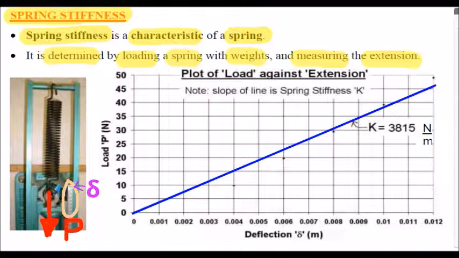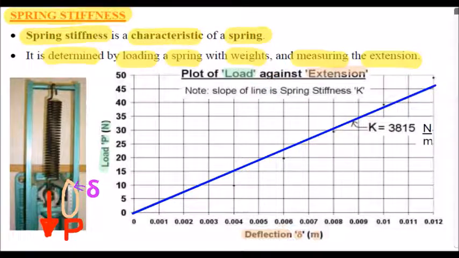As weights are added to the bottom of the spring, we can measure the resulting extension or deflection, so we can plot the load or force P in newtons against the deflection, which is an extension in this case, in meters. So here's our plot of load against extension.